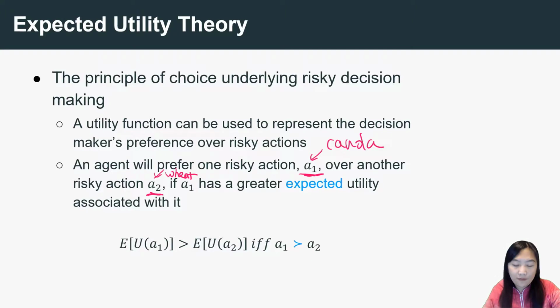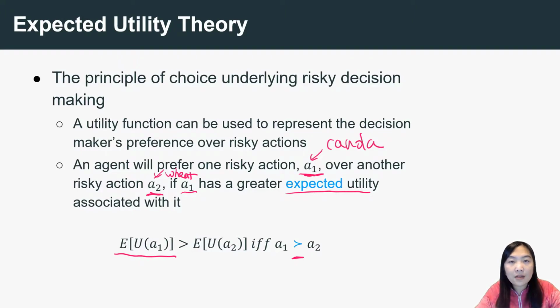If canola has a greater expected utility associated with it, then the grower will prefer canola over wheat. So again, here is preference: prefer canola over wheat when the expected utility of canola is greater than the expected utility of wheat.